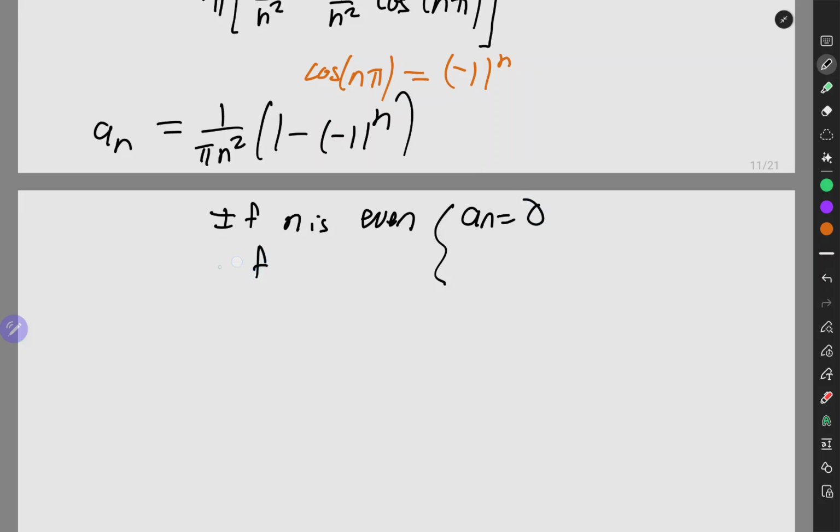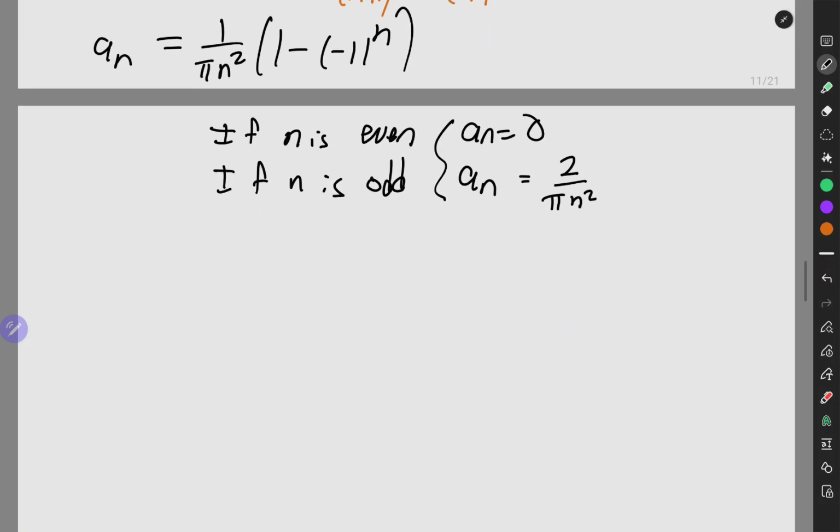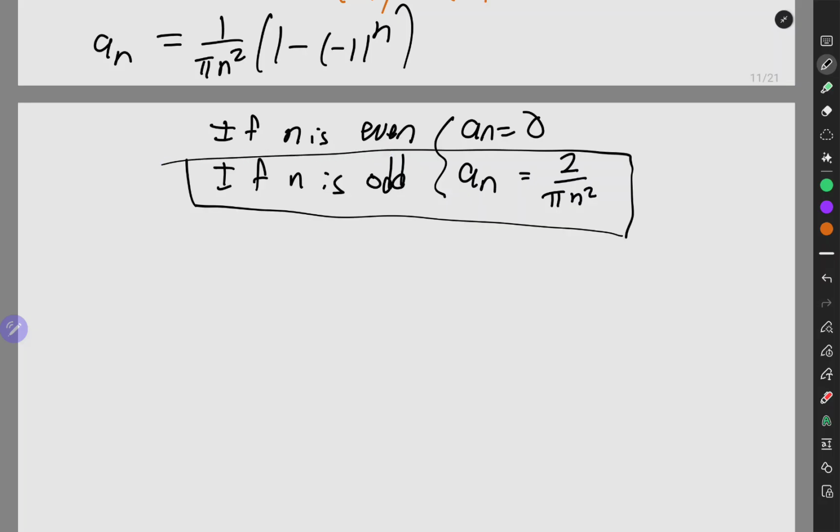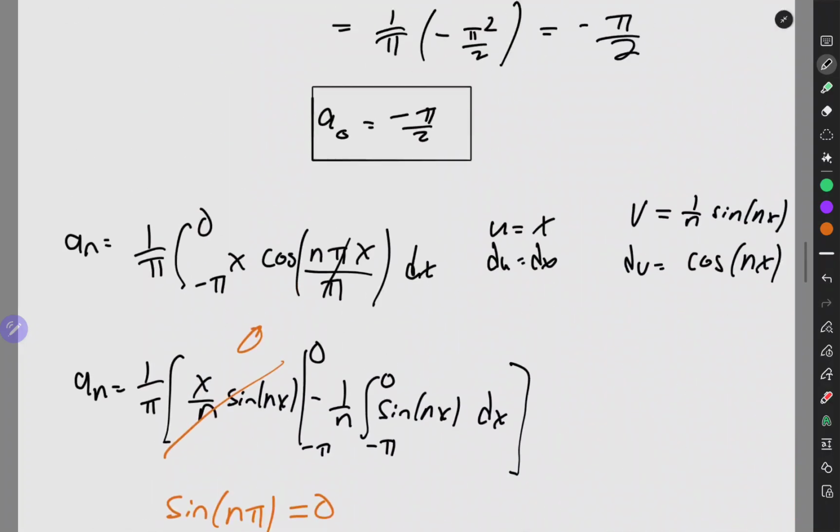But if n is odd, this would become 1 plus 1, which is 2 over pi n squared. So this is our a sub n for n odd. Let me box that whole section. Okay, that's our a sub n.